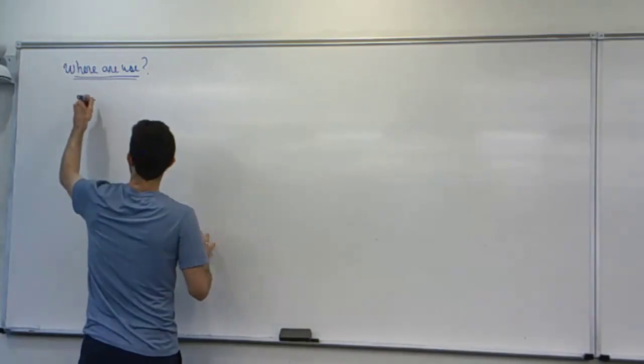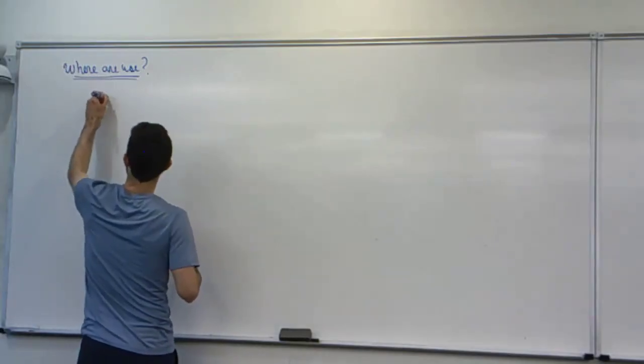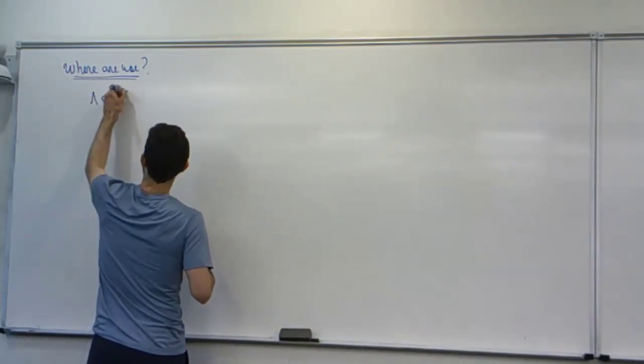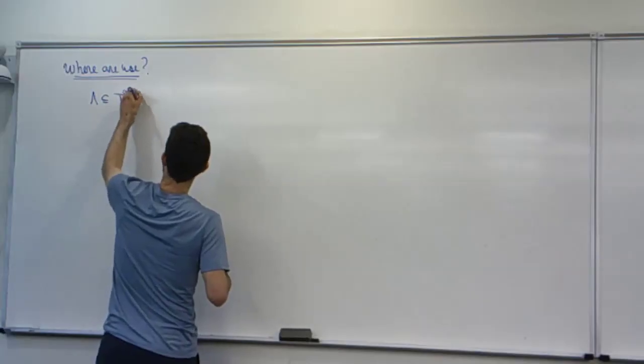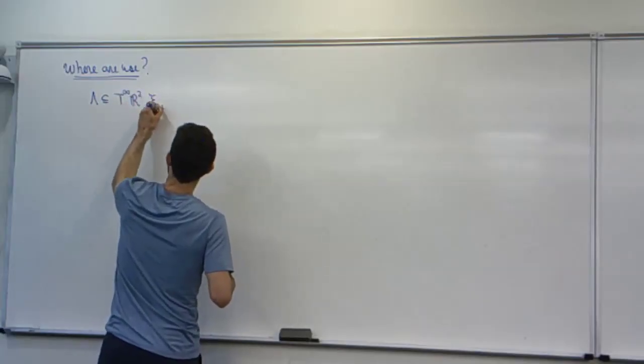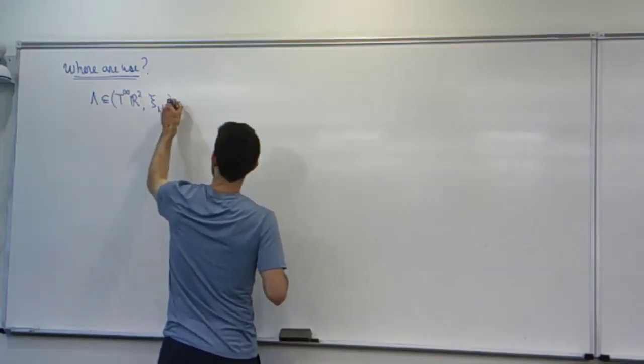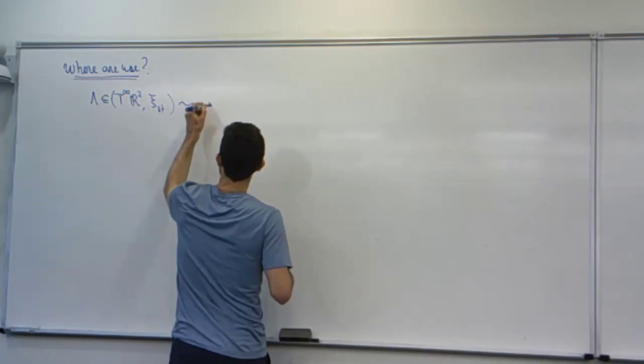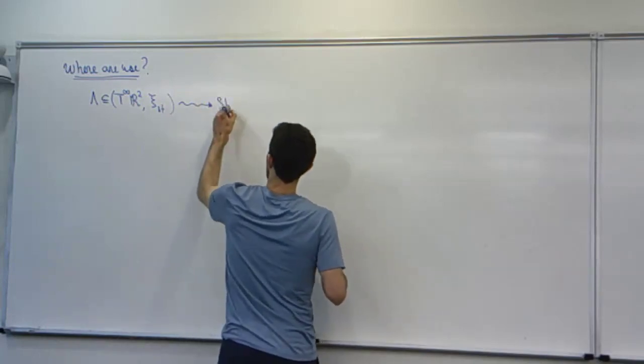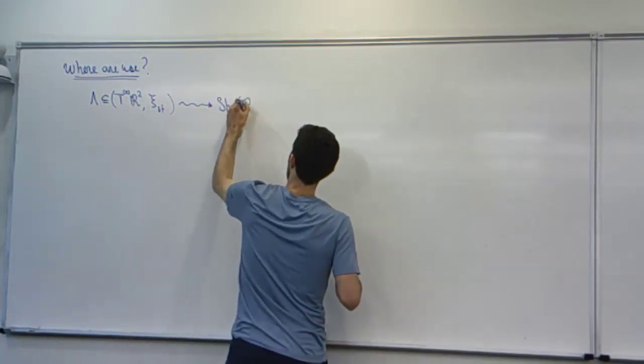The first thing is we have a Legendrian knot lambda, which lives in this case in a contact 3-manifold. Out of that, we extracted a category, sheaves sub lambda of R2.